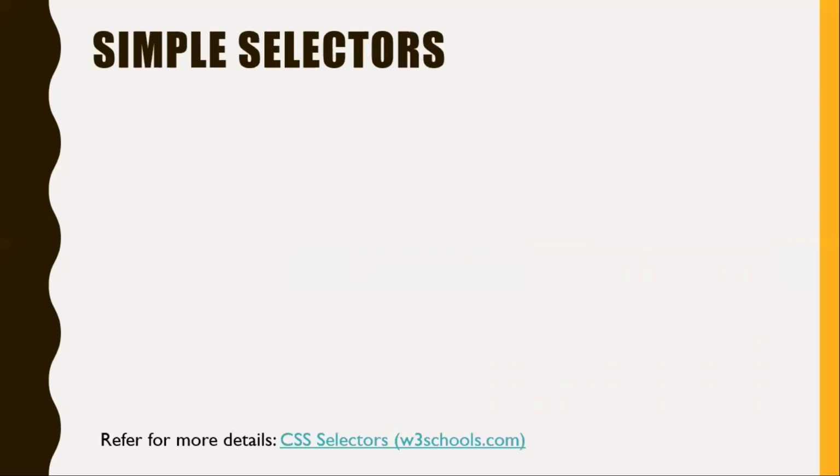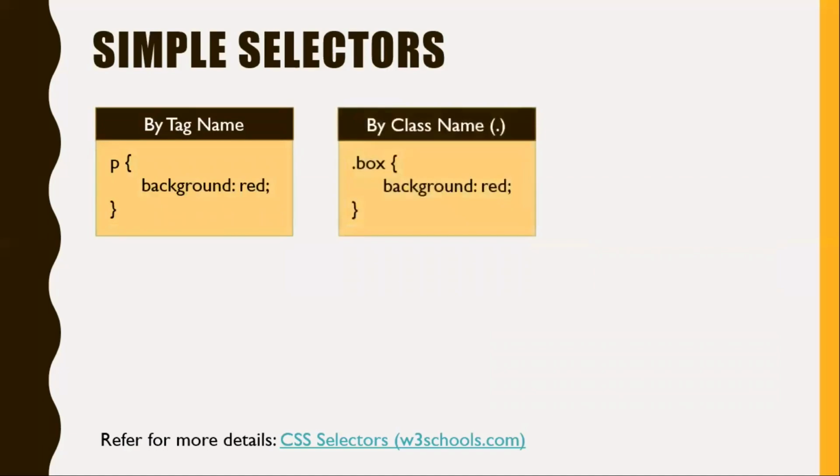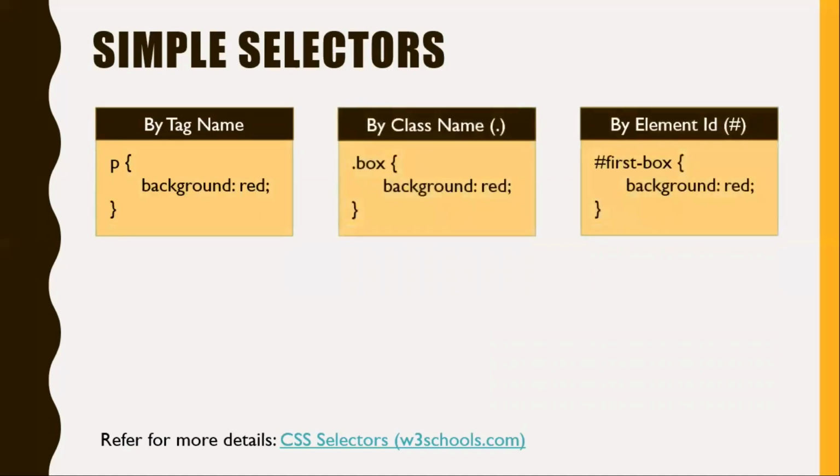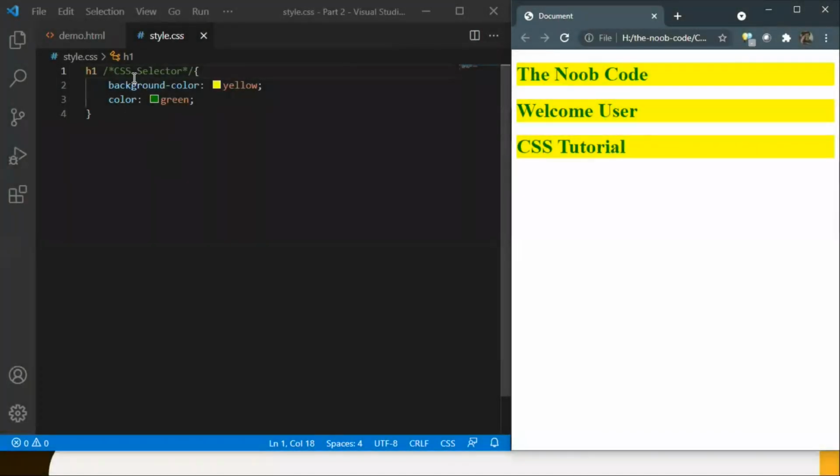Now simple selectors can be defined in the below ways. First is by the tag or the element name, then by the class name, by the element ID attribute, and by the wildcard or universal selector. So these are the ways. Now what we did earlier when we were using the h1 selector in our previous example, that was by using the tag name or the element name selector.